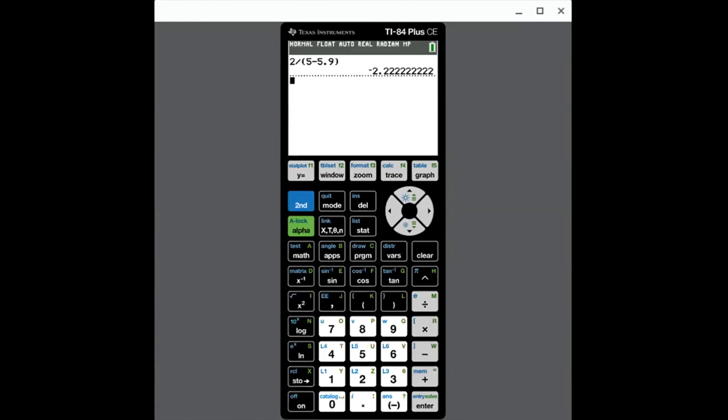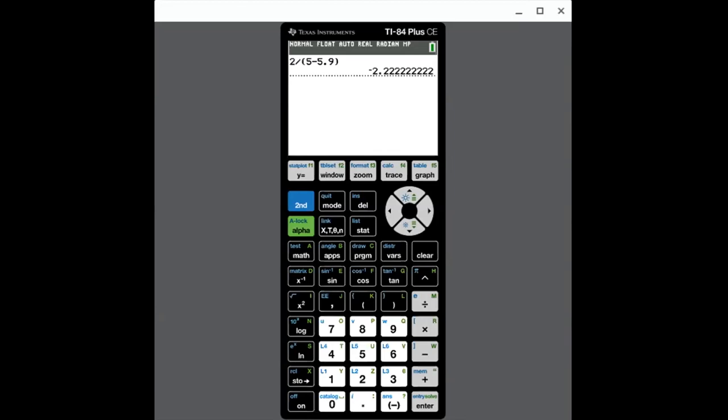Now the negative and the -2 make it positive, so I have -2.2222 plus 2, which gives me -0.222222, over 5.9 minus 6, which is -0.1.